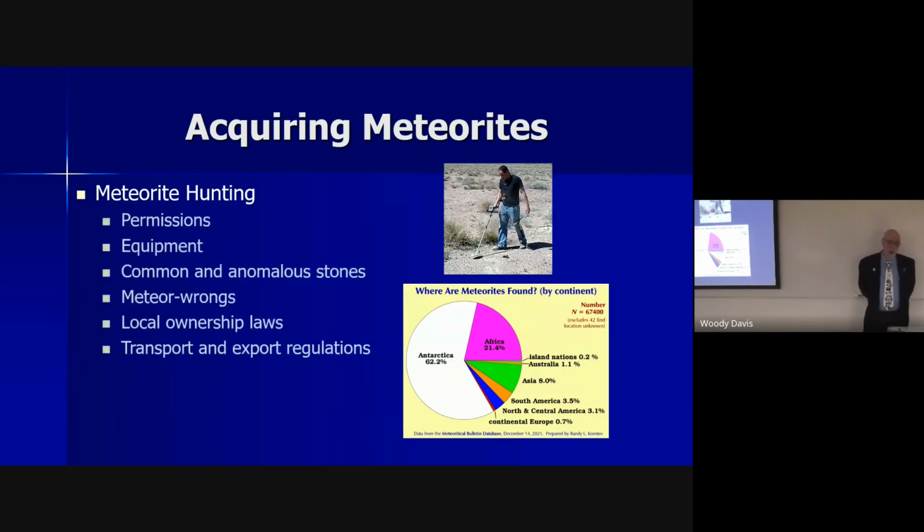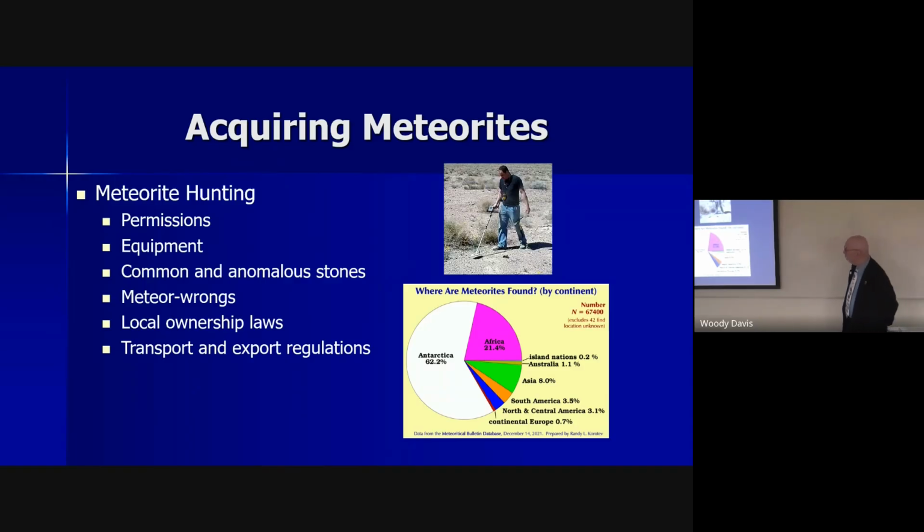But you have to be aware of quite a number of factors, including permissions, equipment, what's common, what's anomalous for the area that you're hunting in, what types of stones could look like meteorites, like slag, which is frequently assumed to be meteorites, local ownership laws, and perhaps transport and export regulations. So those are all the factors to keep in mind if you do decide to hunt for meteorites.